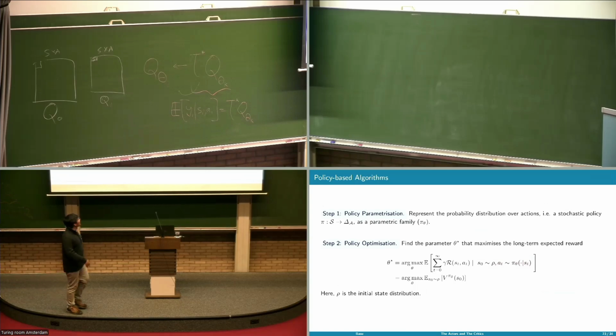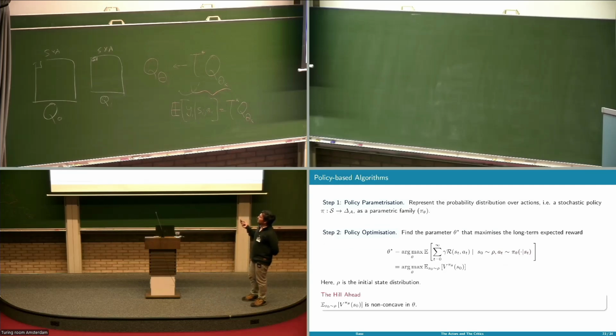So the idea is you want to find the θ star that really maximizes this total expected value function, where you assume the first initial state was sampled from the initial state distribution, right? Are you good?